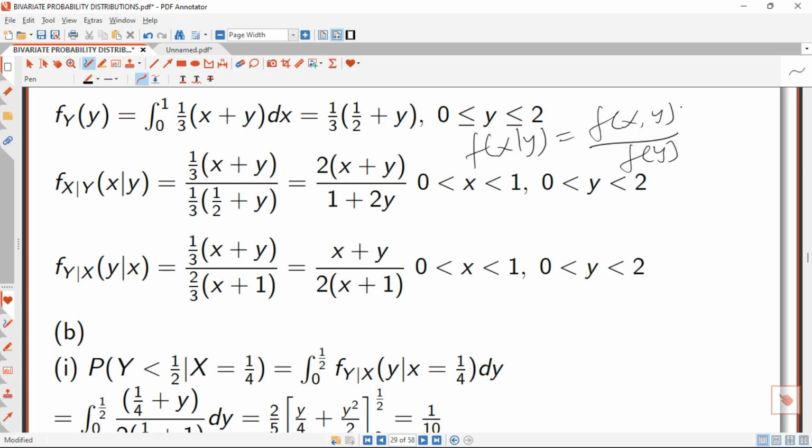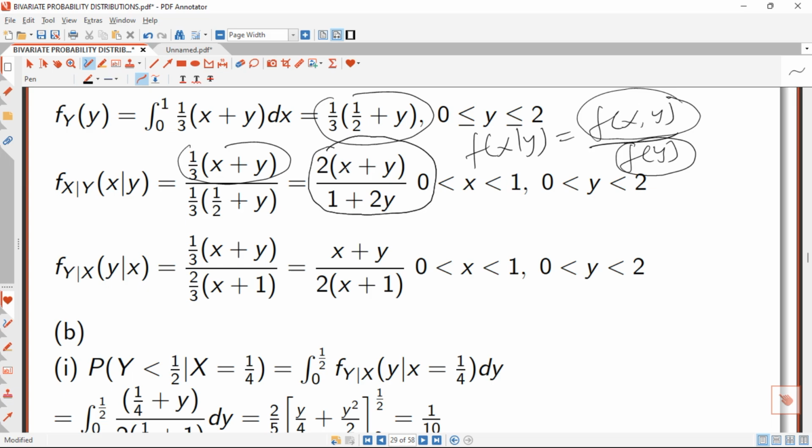Y. We know that our joint here was given in the question to be 1 over 3 (x plus y). And then our marginal of y, as you can see here, has been calculated, and that one too is 1 over 3 (1 over 2 plus y). So we are going to just divide this by that, and then when you do that, we are going to get 2(x plus y) divided by (1 plus 2y), on this particular limit.